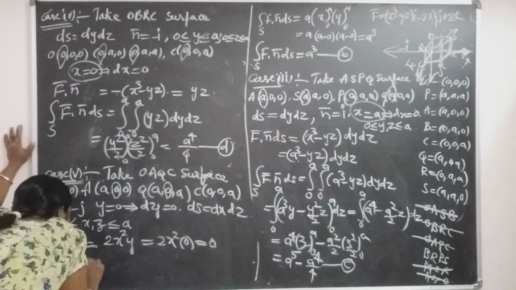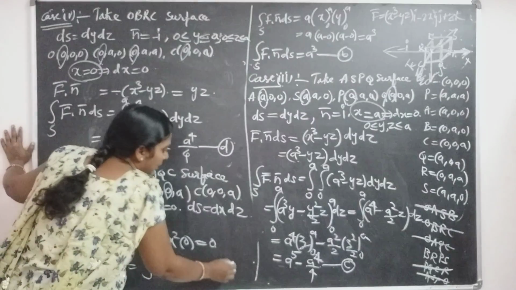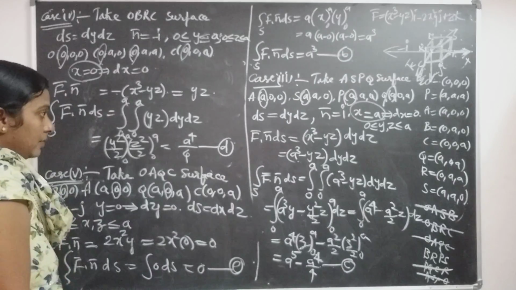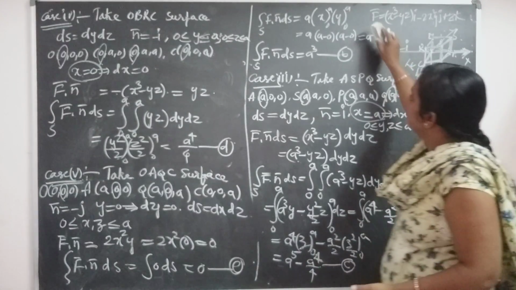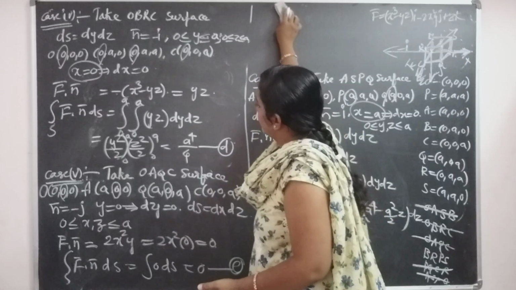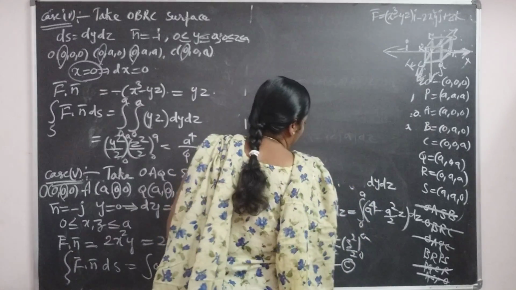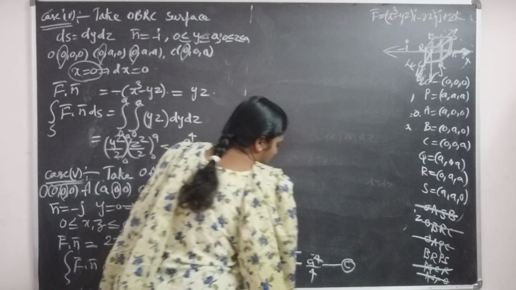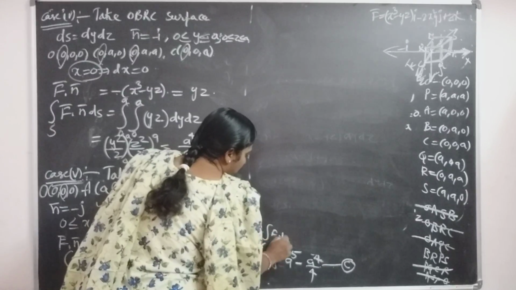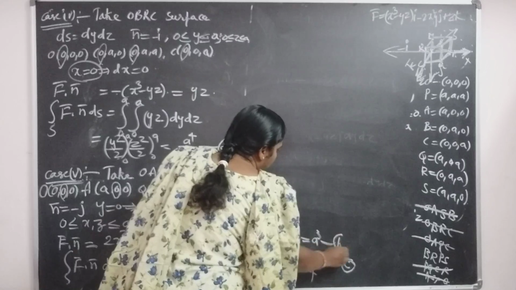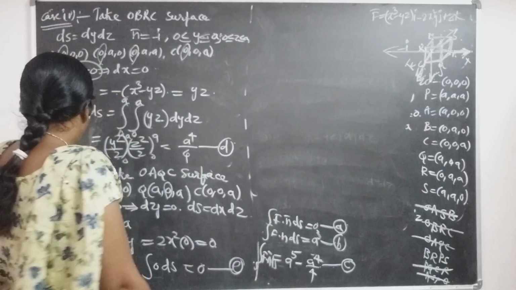So the surface integral of F bar dot n bar dS is equal to the integral of 0 dS, equal to 0. It is E. Next, last one, case 6.